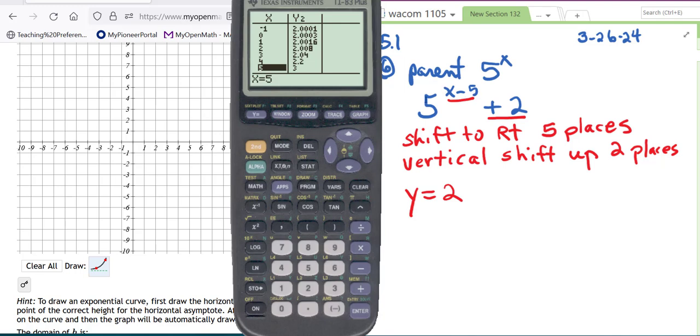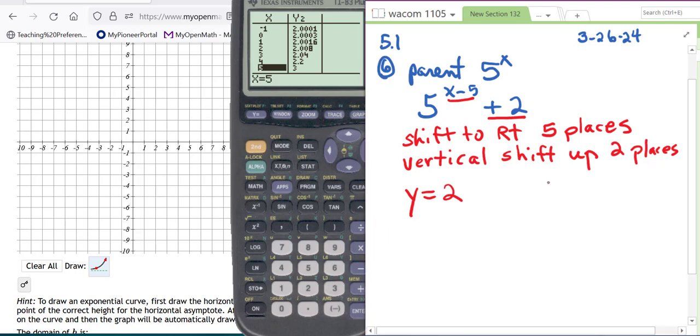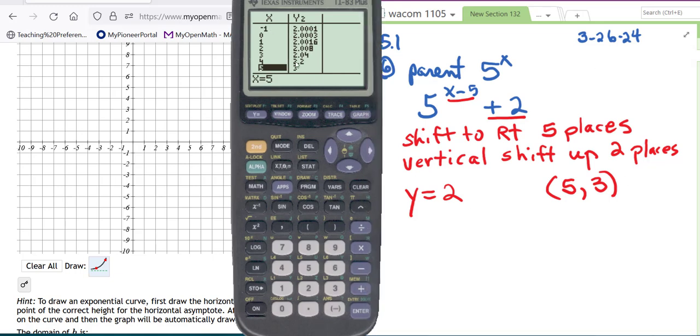That would make a 0, which would make this piece 1, plus 2 would be 3. So for my points, I am going to use 5, comma 3. For my other point, because I have to just click 2 points, I can use any point. Let's go back down through here. Let's use negative 2, 2.